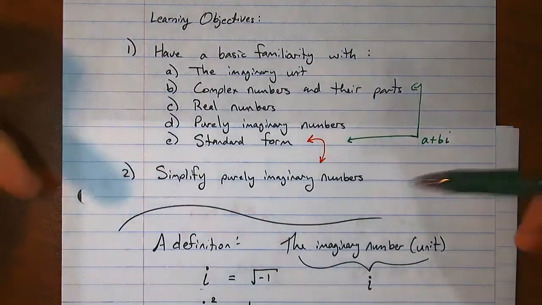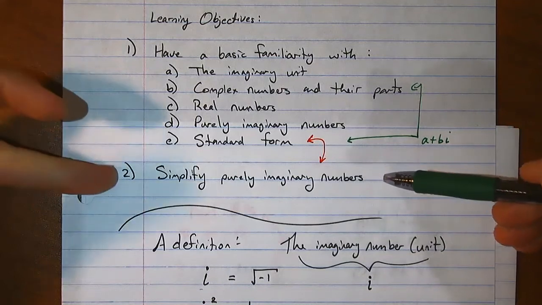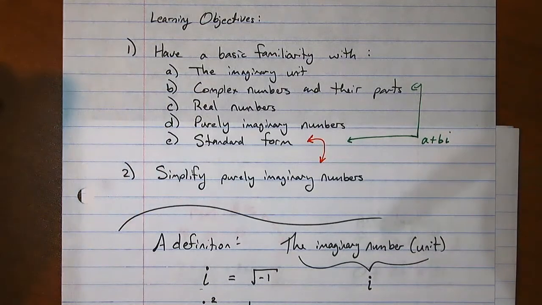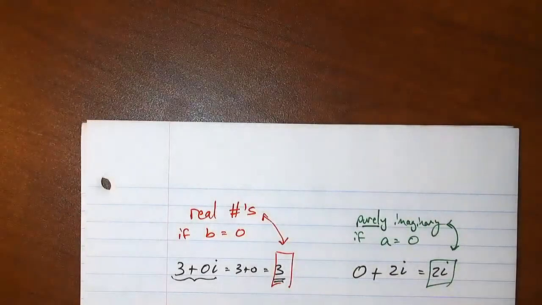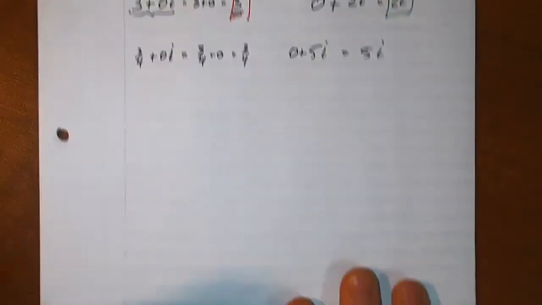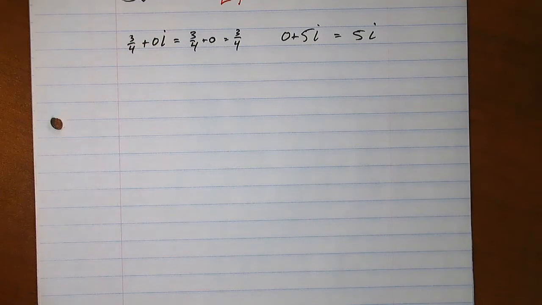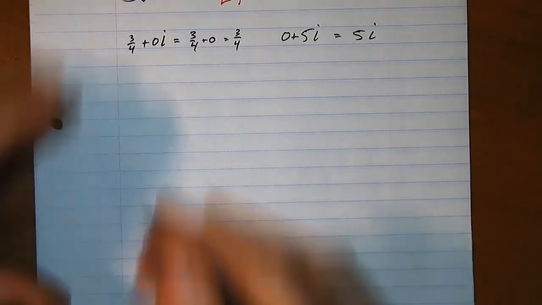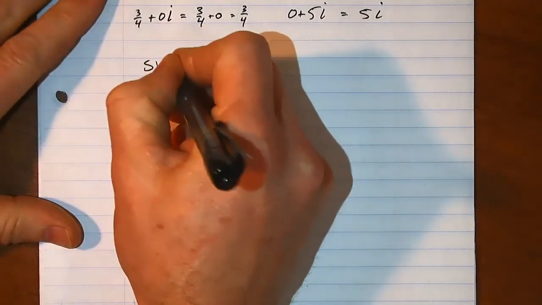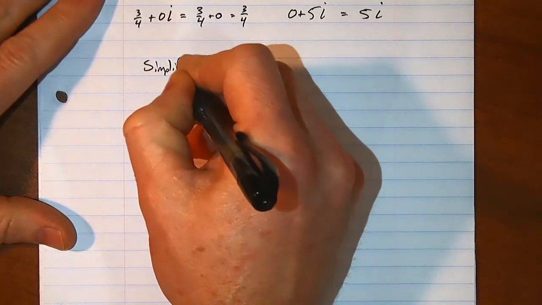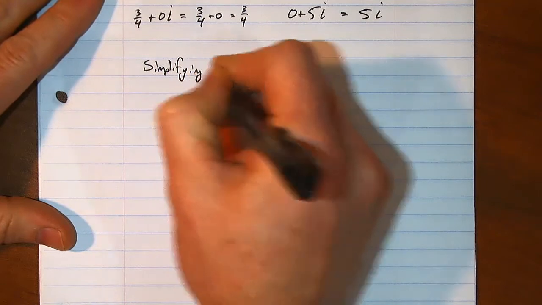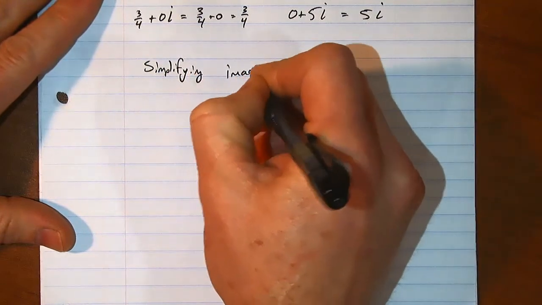All right, our second learning objective then is how to simplify a purely imaginary number. So I'm just going to mention very, very quickly in this video the idea. But like I said, there's going to be a second video with examples that you might want to watch. So simplifying imaginary numbers.